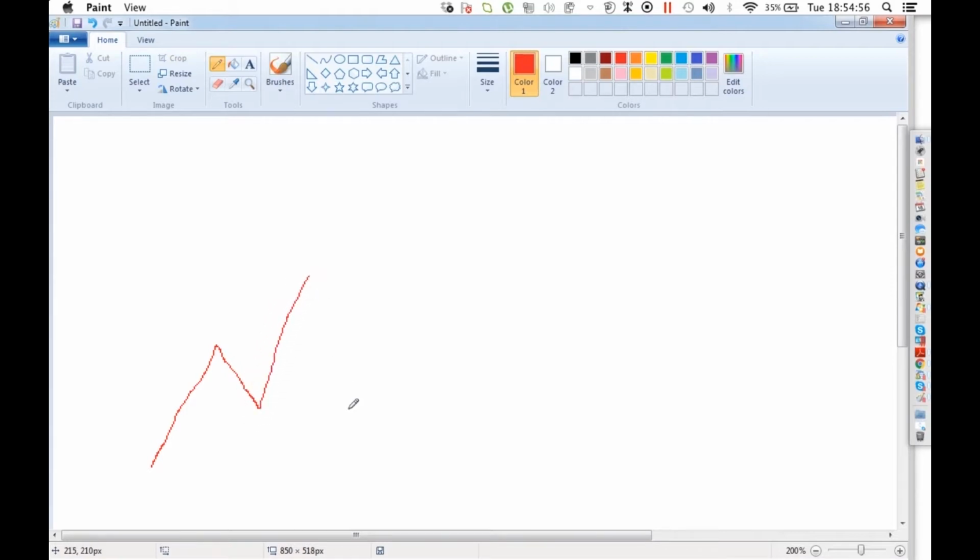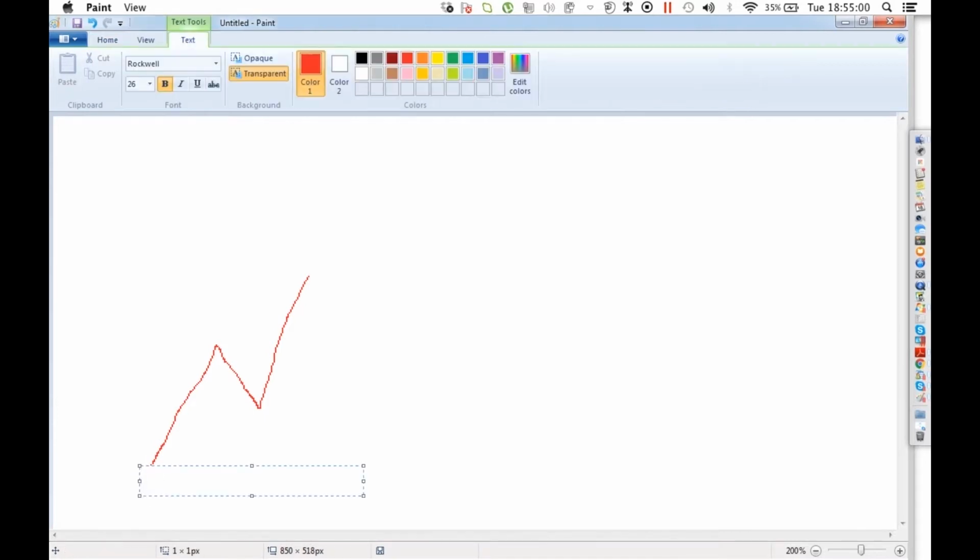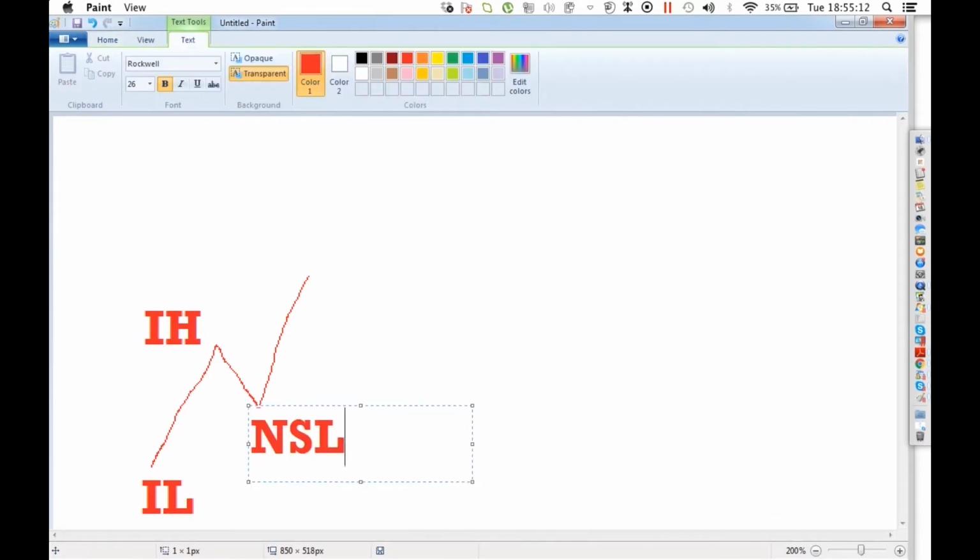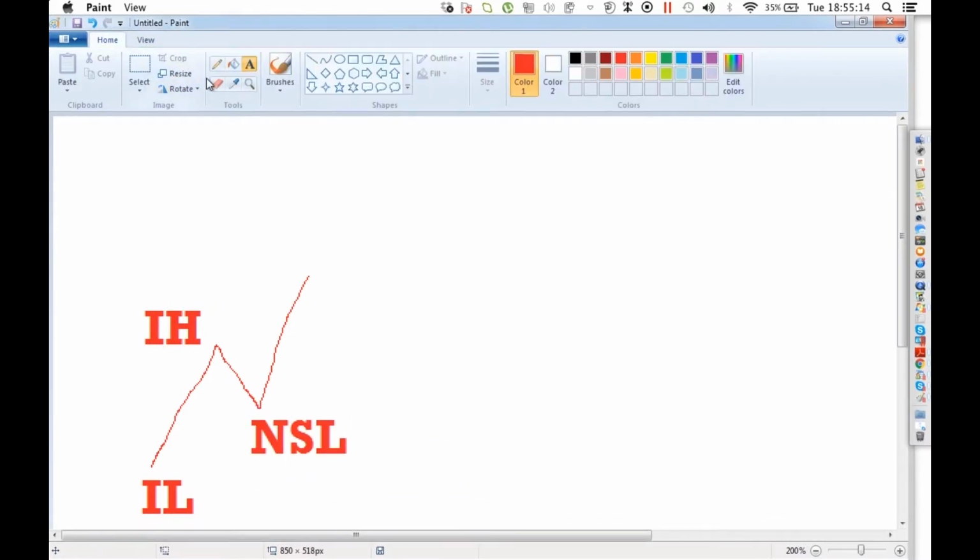And it comes up here, that's a new structure high. So let's indicate this: initial low, initial high, new structure low, and it moves like this.